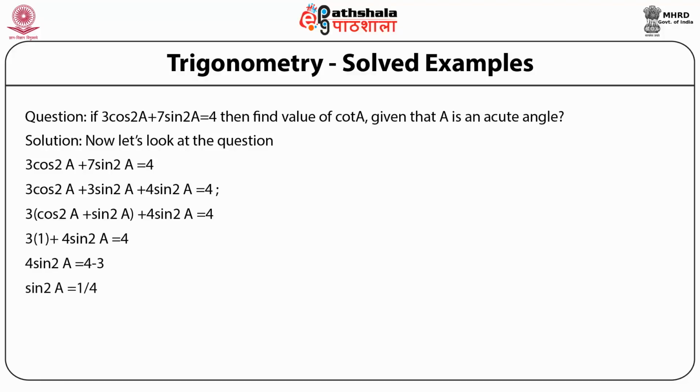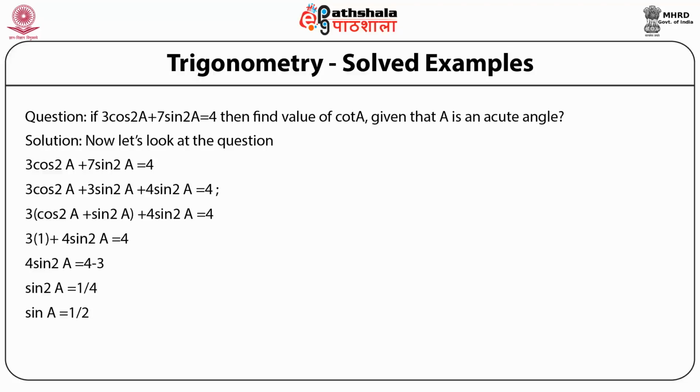So giving rise to sin squared a is equal to 1 by 4 and sin a is equal to 1 by 2. Why do we write 1 by 2? Because we have said that it is an acute angle. Acute means it is lesser than 90 degrees. Now if we write sin a is equal to minus 1 by 2, then it is going to be more than 90 degree angle.